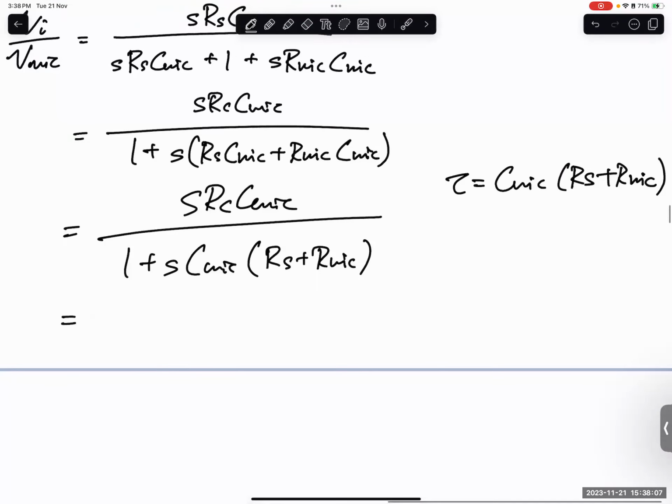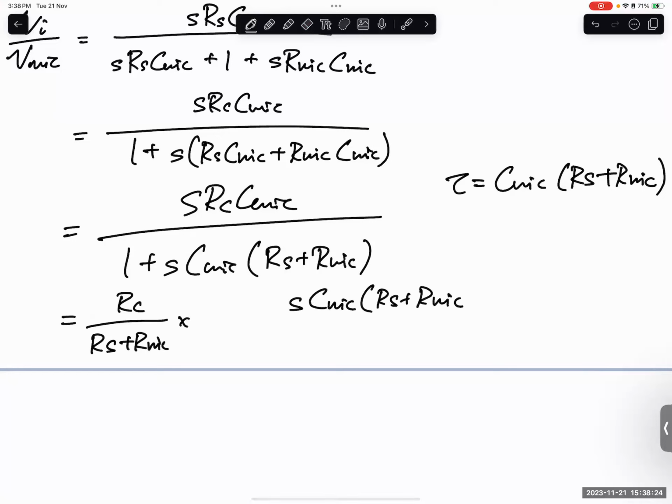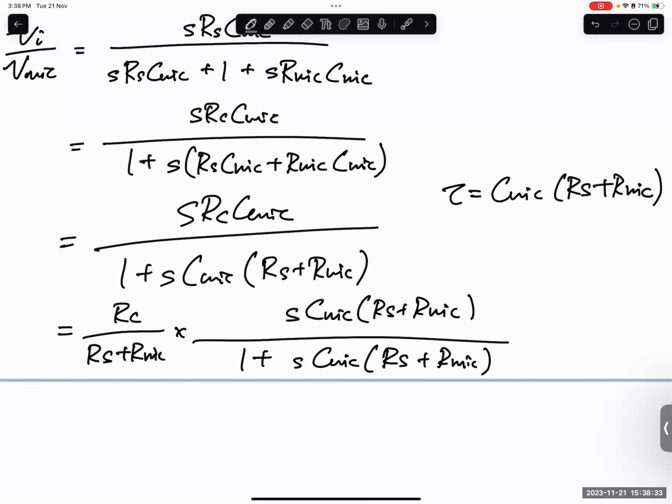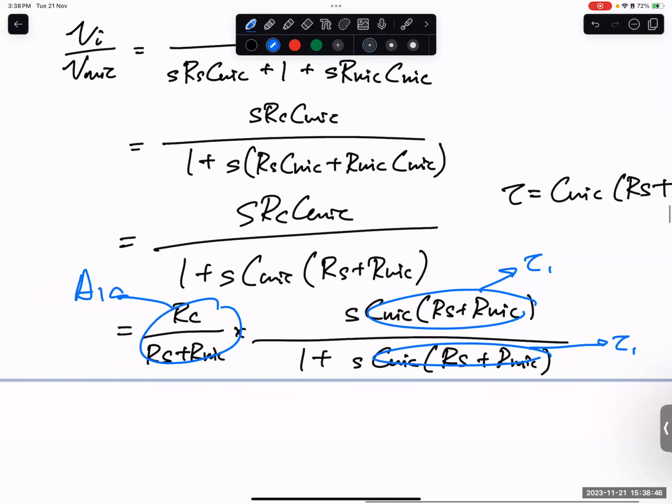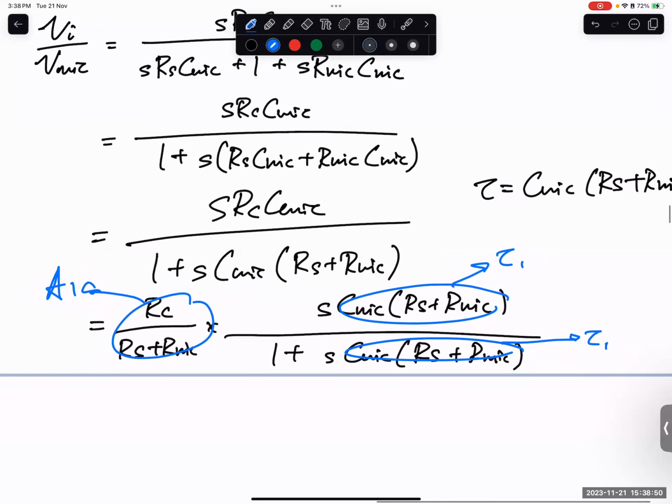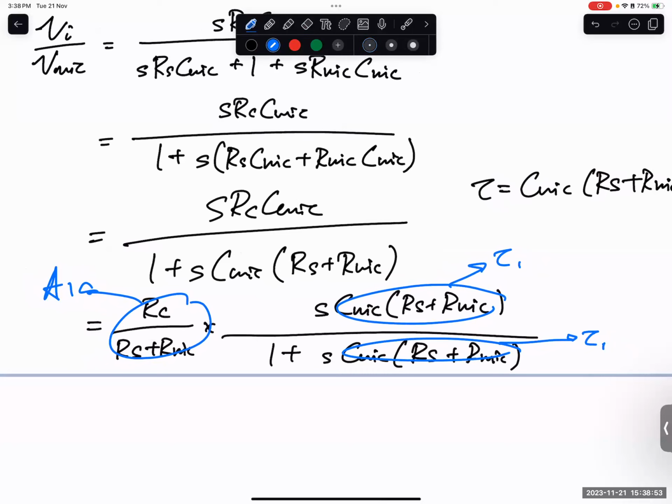So we need to multiply by R_S divided by R_S plus R_mic, multiply by sC_mic (R_S plus R_mic) divided by 1 plus sC_mic (R_S plus R_mic). This is τ1, this is A1. If it can, that means correct. The top is sRC.